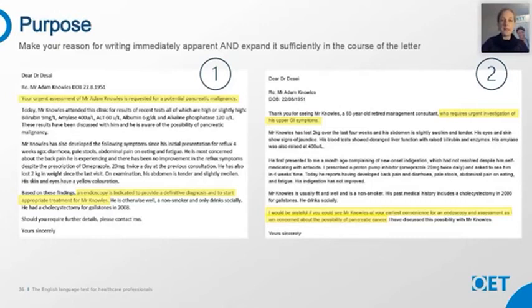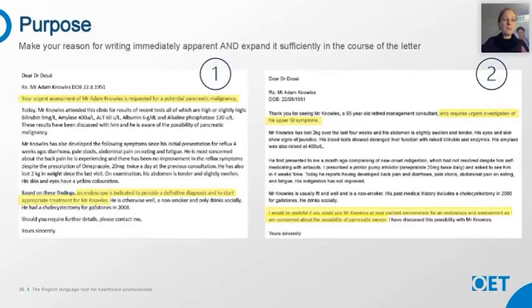In both of these sample letters, the reason for writing is within the first sentence and the urgency is also mentioned. Later in the letters, this is expanded to request the endoscopy.